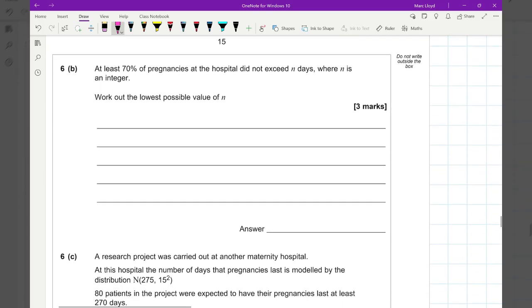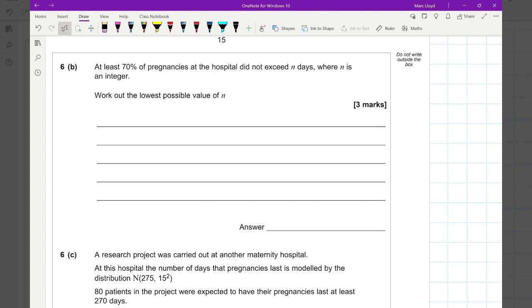Okay, part B. At least 70% of pregnancies at the hospital do not exceed n days, where n is an integer. So here's our diagram. There's our mean.